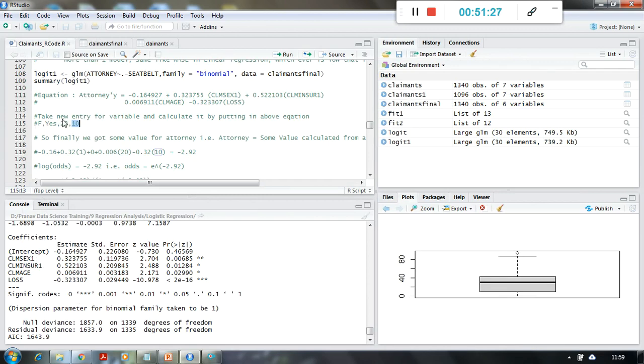Now if this entry is coming up and I replace these values in this equation, then my equation becomes like this: minus 0.16, which is my beta naught, plus 0.32, of course I have truncated these numbers to 2 digits, plus 0.32 multiplied by 1 plus 0 plus 0.006 into 20 minus 0.32 into 10.